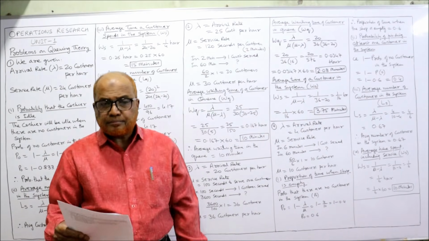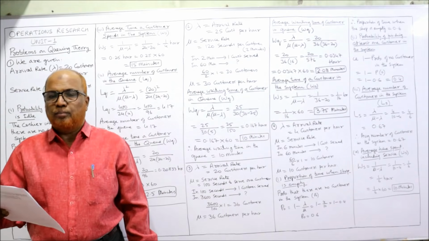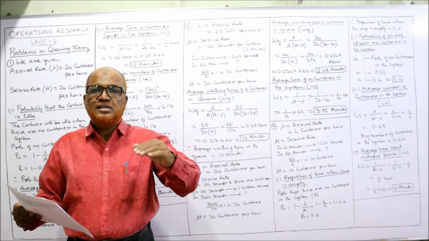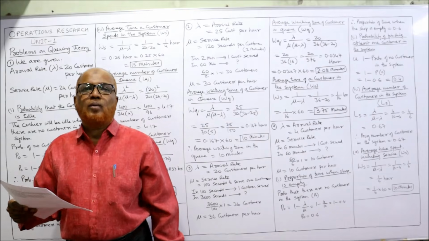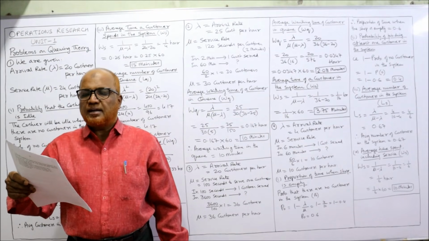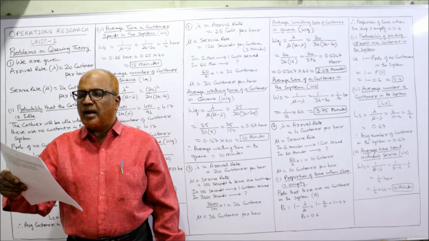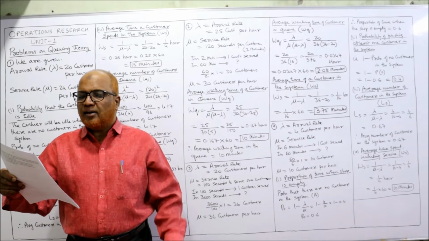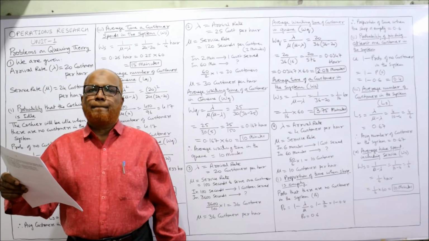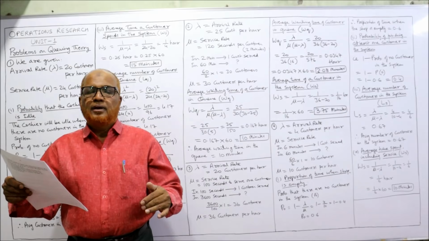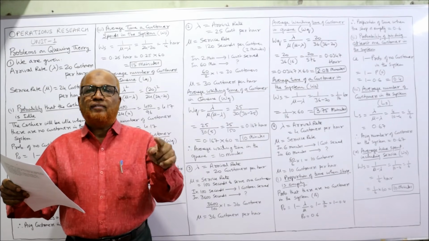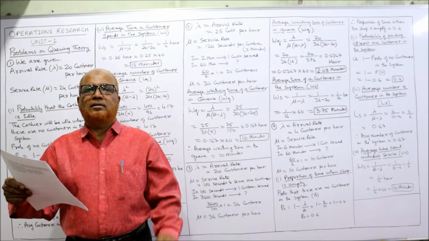Customers arrive at a booking office window. This booking office window is the server where service is provided to customers. The customers arrive at the booking office window, being manned by a single individual, at the rate of 25 per hour. That is the arrival rate. Every hour 25 customers are arriving.